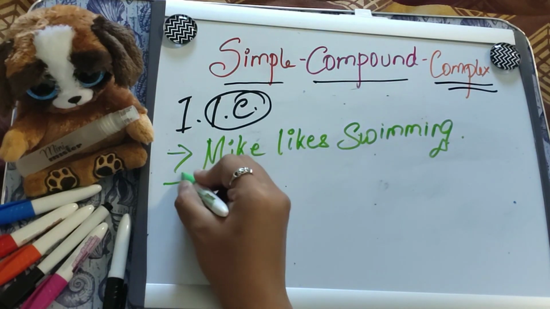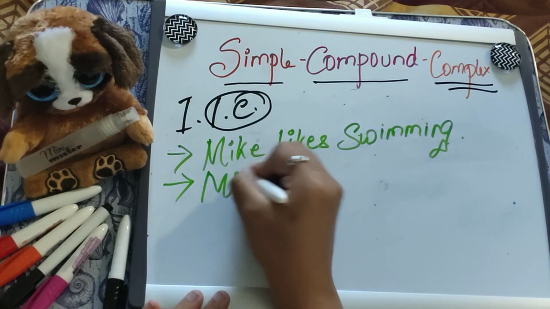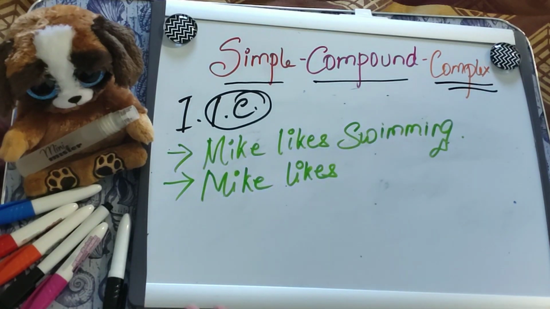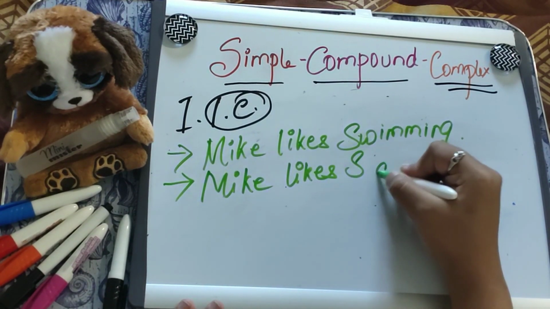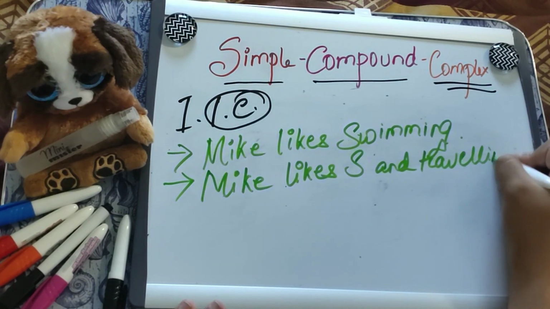Another sentence that we can say: instead of saying only one thing like Mike likes swimming, you can say Mike likes swimming and traveling.